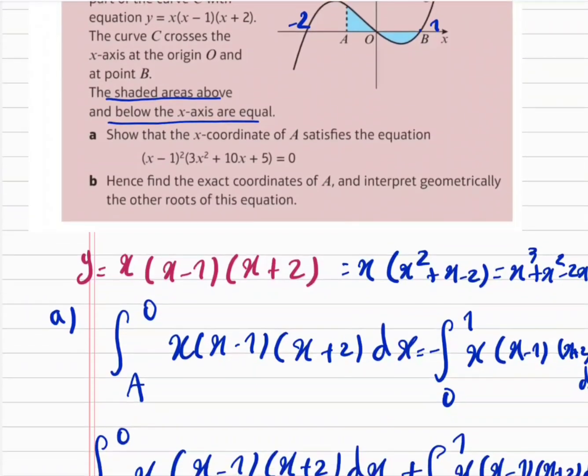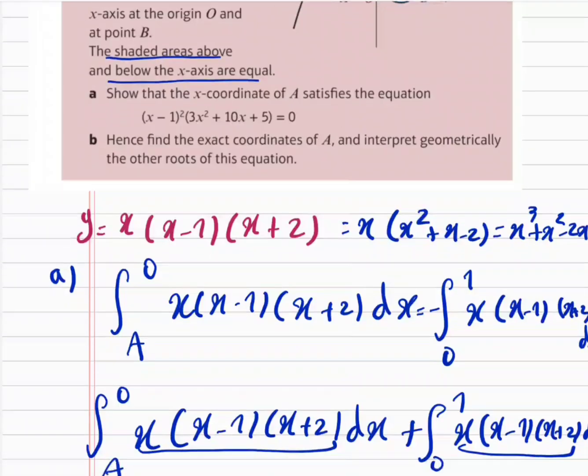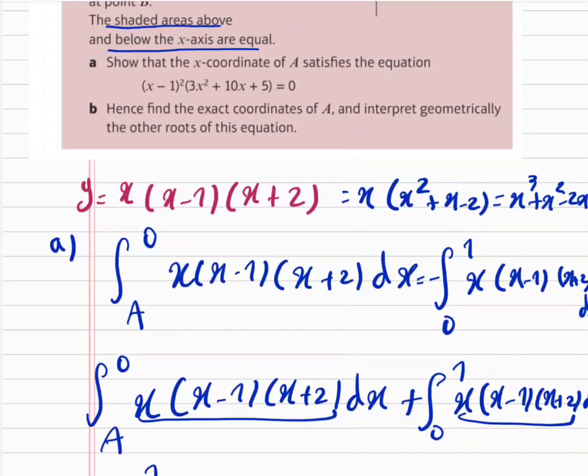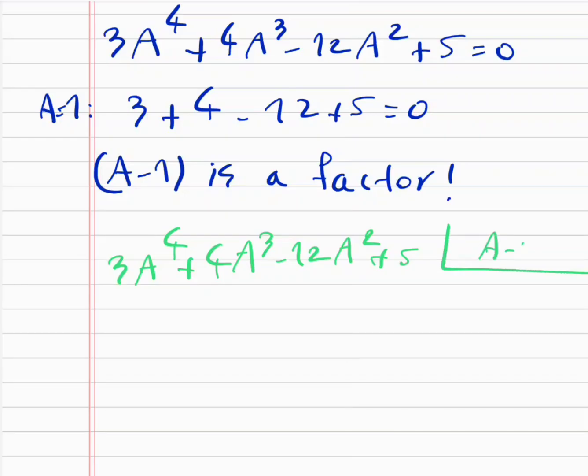We can already see that 1 is actually a repeated root. But we can use the long division to achieve that. Okay, so we can write 3a to the power of 4 plus 4a cubed minus 12a squared plus 5 divided by a minus 1.